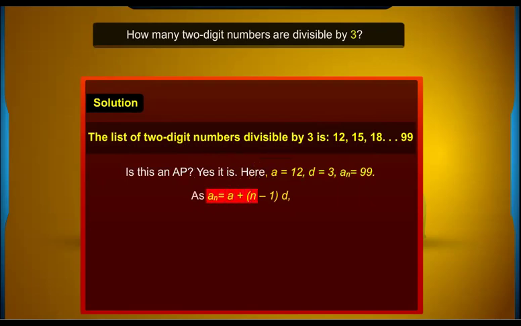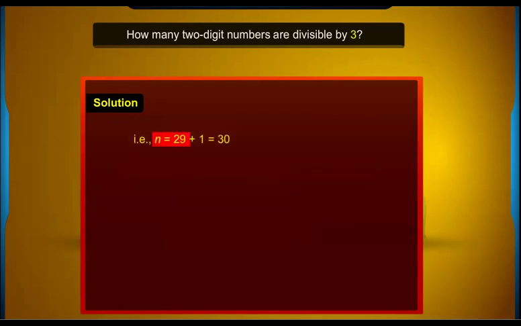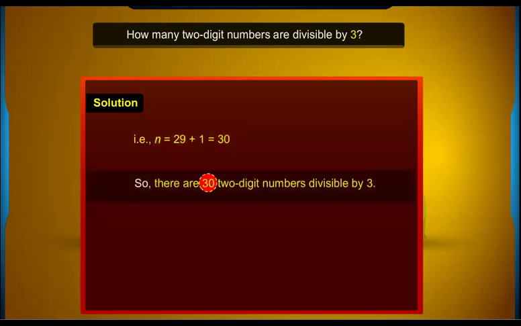As an = a + (n - 1)d, we have 99 = 12 + (n - 1)3. That is, 87 = (n - 1)3. That is, n - 1 = 87/3 = 29. That is, n = 29 + 1 = 30. So there are 30 two-digit numbers divisible by 3.